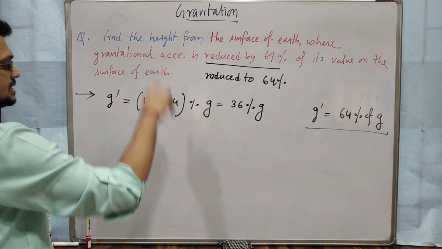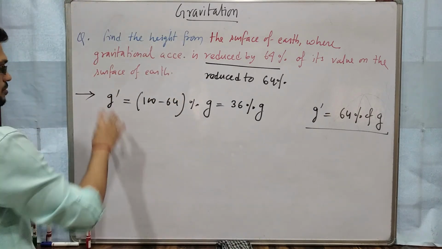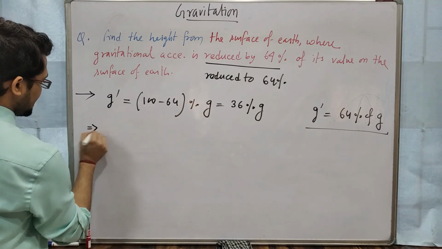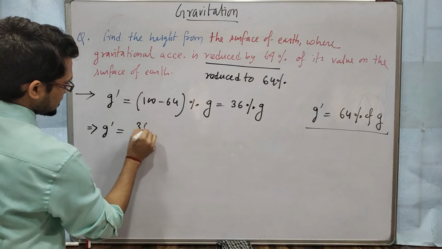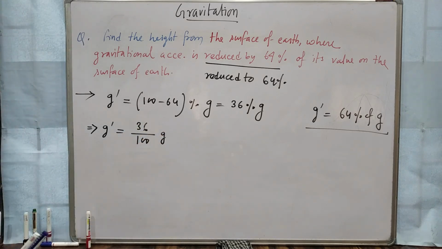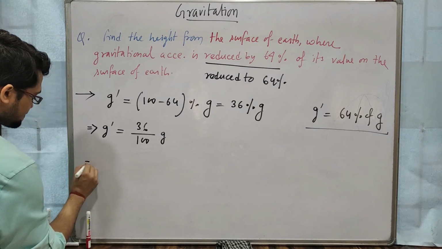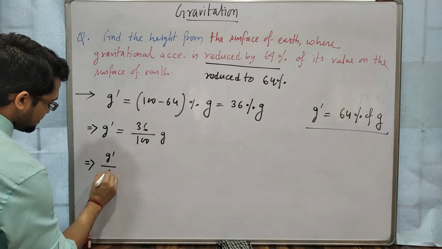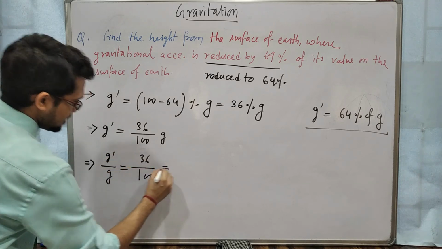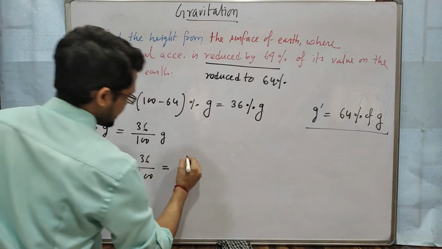Okay, so our question is reduced by. So we will use this equation. So g prime becomes this. So g prime we can write equal to 36 by 100 into g. 36% means 36 by 100. Okay, now we have to find height. So g prime by g we are getting 36 by 100. Okay, and g prime by g, what is the relation?